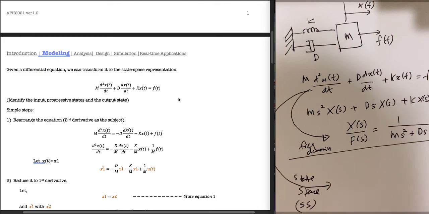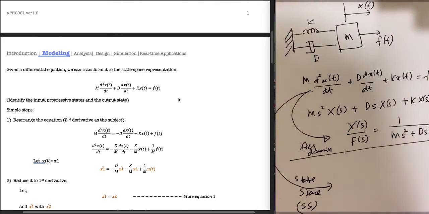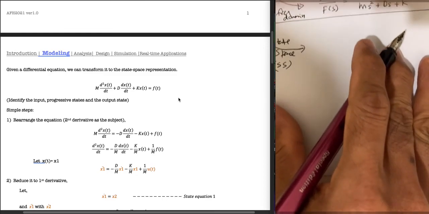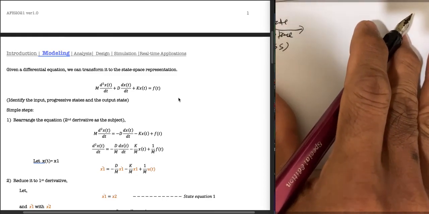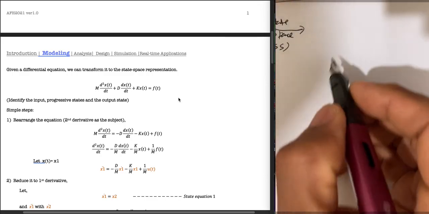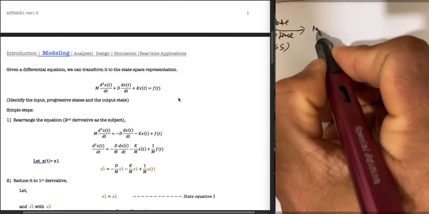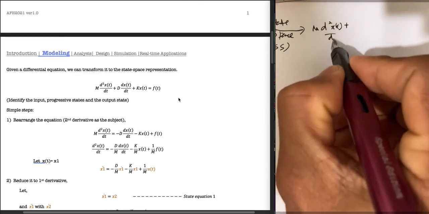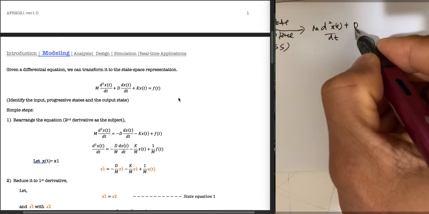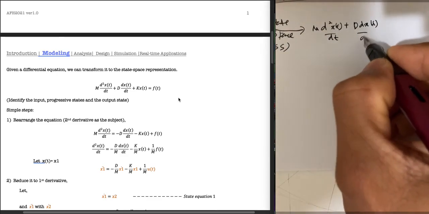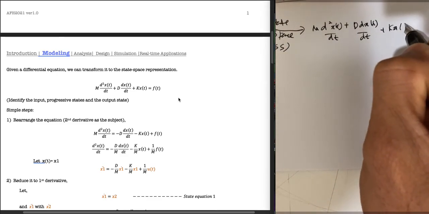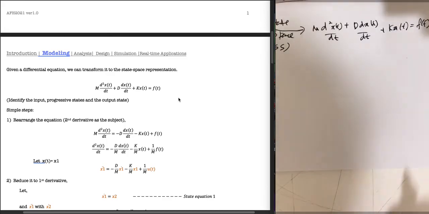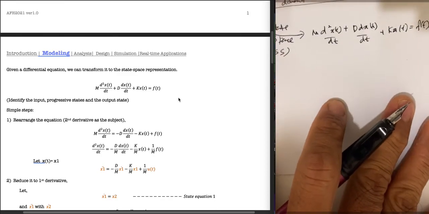In state space, let me write this equation again: m d squared x of t over dt squared plus d dx of t over dt plus k x of t equals f of t.